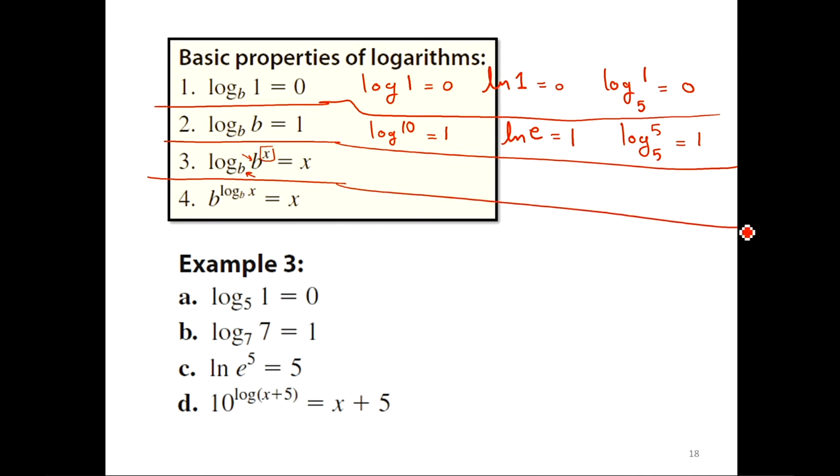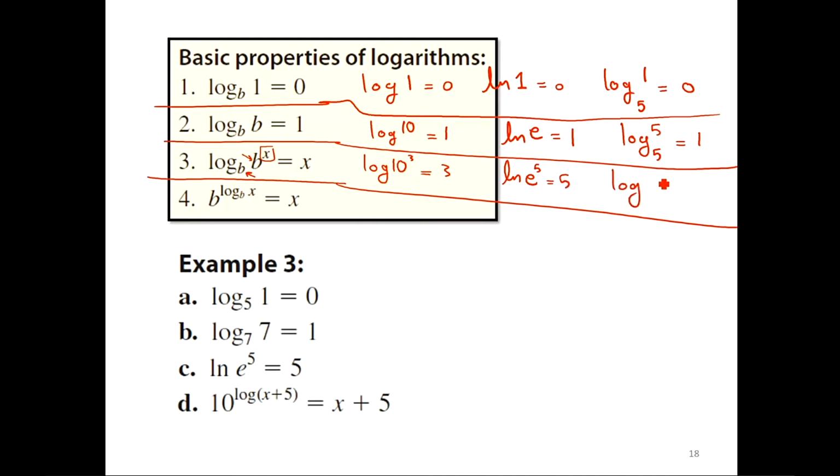If the argument and the base are equal and we have an exponent, the result equals the exponent. For example, logarithm 10 to the power 3, base 10, directly equals 3, because the logarithm of 10 to base 10 equals 1, and 1 multiplied by 3 equals 3. ln e to the power 5 equals 5.